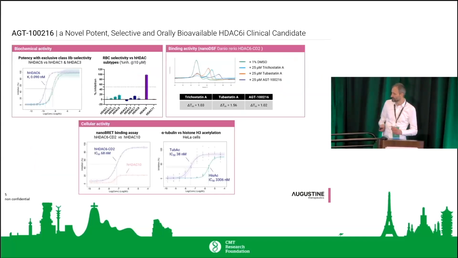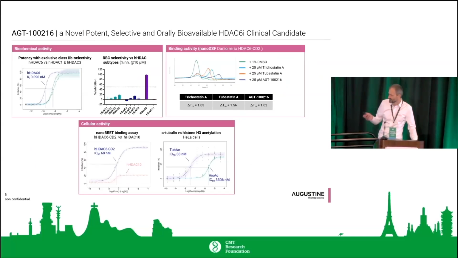So these are some data on our lead molecule, HED216. With our in-house developed biochemical assay, we demonstrated that this compound has 90 picomolar activity for HDAC6, so this is probably the most potent HDAC6 inhibitor around.